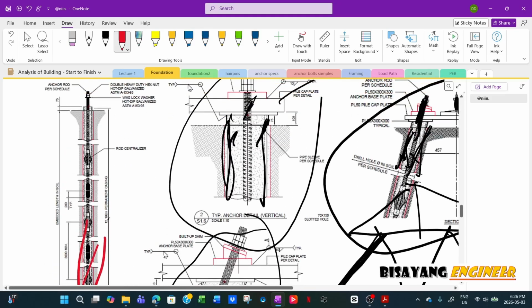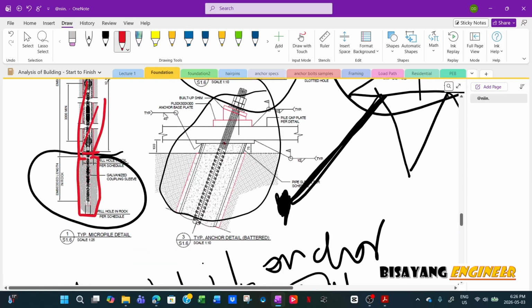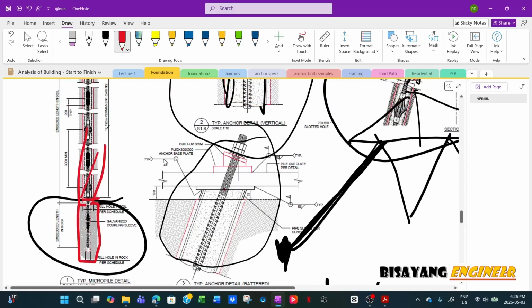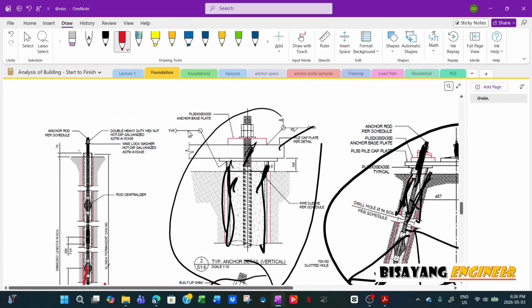Then grout will be pressure injected inside, and it will enter all the voids in the concrete or the rock below, and that would be the resistance. Geotechnical engineers know how to do that one, but my scope was structural only. So I designed the casing of this anchor.